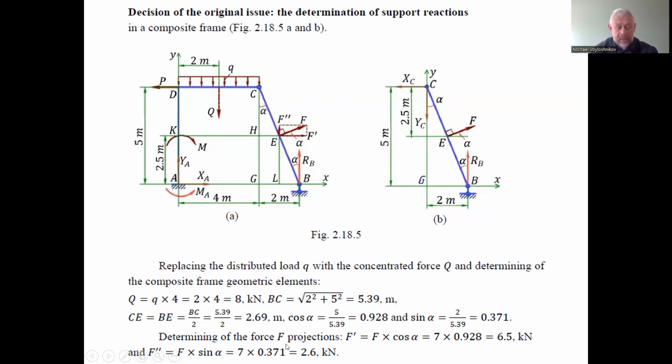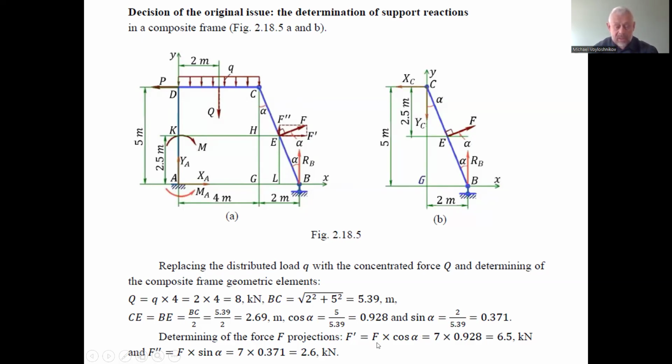And we next have to find the projections of force F, to use the Varignon theorem, finding the rotation moment around. We can probably use the Varignon theorem. And we first have to find the components of force F as the projections of force on the abscissa axis, F stroke, and on the ordinate axis Y, F2 stroke.